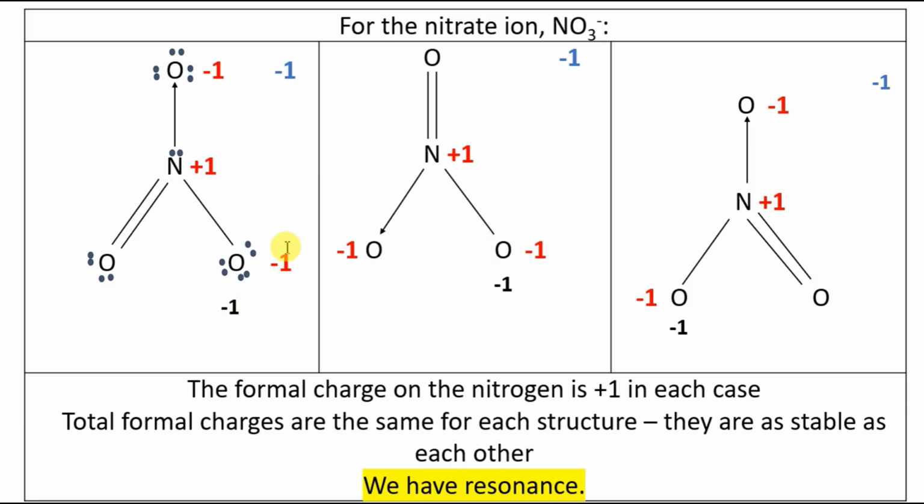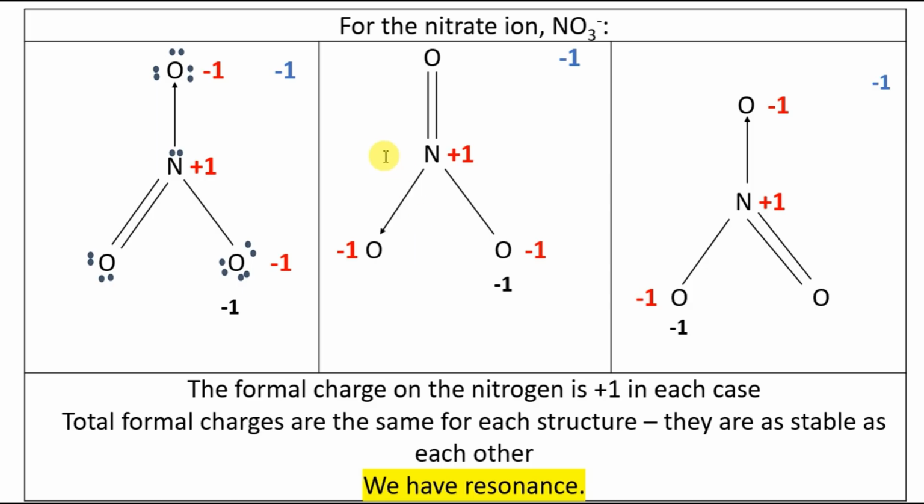And my oxygen atom at the bottom. 6 valence electrons to begin with, use 1 in making a single covalent bond to the nitrogen, but gained an electron, shown with the black -1, to give the ion an overall charge of -1. The oxygen, formal charge -1. I could draw that ion in any number of ways.